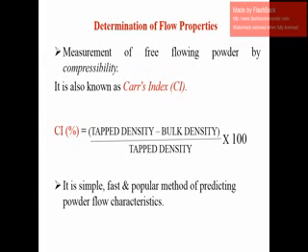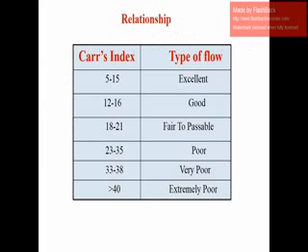Then by using the formula we can find out the Carr's index of that drug. So it is another parameter to determine the flow property. Depending on the Carr's index, your drug may have the property. Suppose the Carr's index is between 5 to 15 or 12 to 16, then your drug has good or excellent flow property. This is the relation of Carr's index with the angle of repose or the flow property.